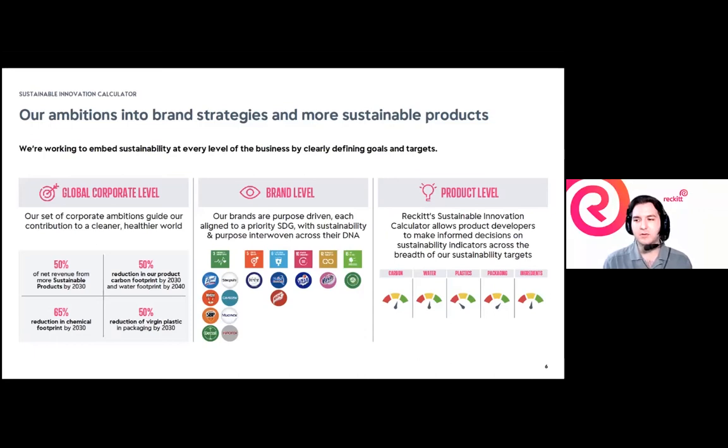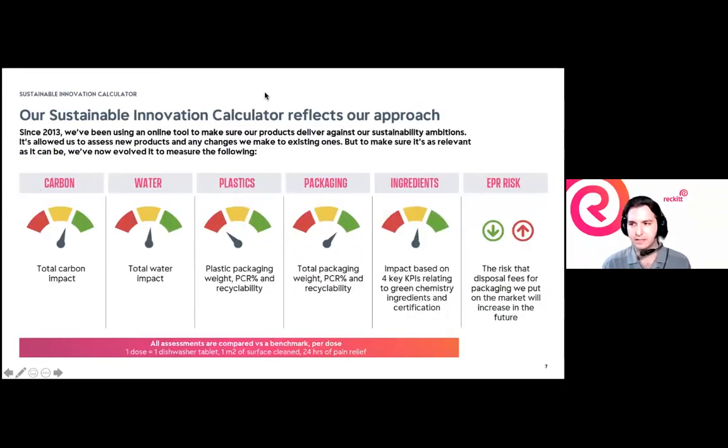And in order to enable that product development to align to that purpose, we have this Sustainable Innovation Calculator, which empowers our product development teams, our formulators, packaging engineers, marketeers, to understand the sustainability impacts of the products that they're working on while they're still designing it. So it's very much trying to embed sustainability by design.